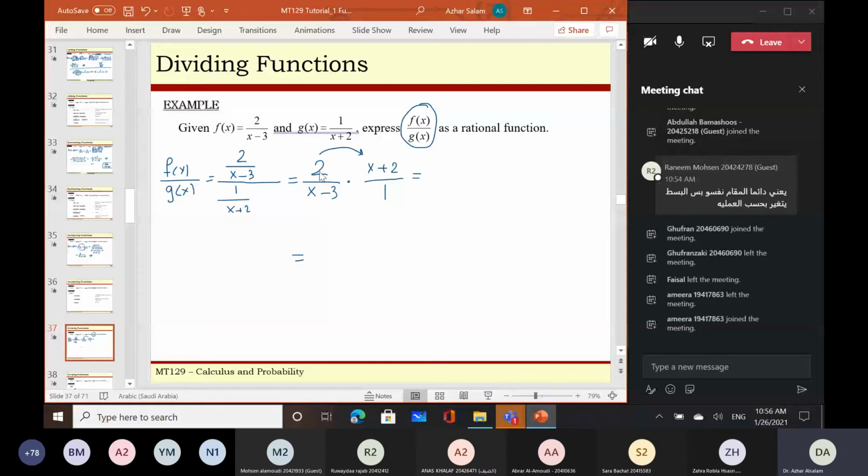The multiplication between two rationals: 2 multiplied by x plus 2, over 1 multiplied by x minus 3. It will be x minus 3 like that. For more simplification, I distribute 2 inside the bracket. So it will be 2x plus 4 divided by x minus 3.